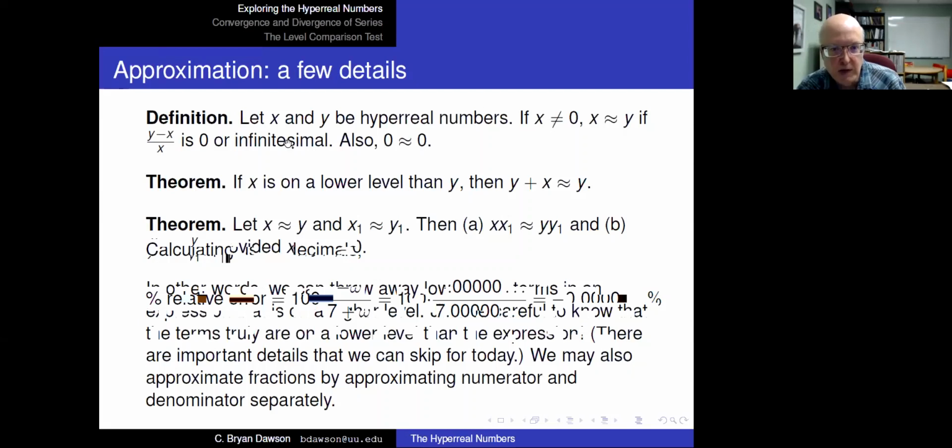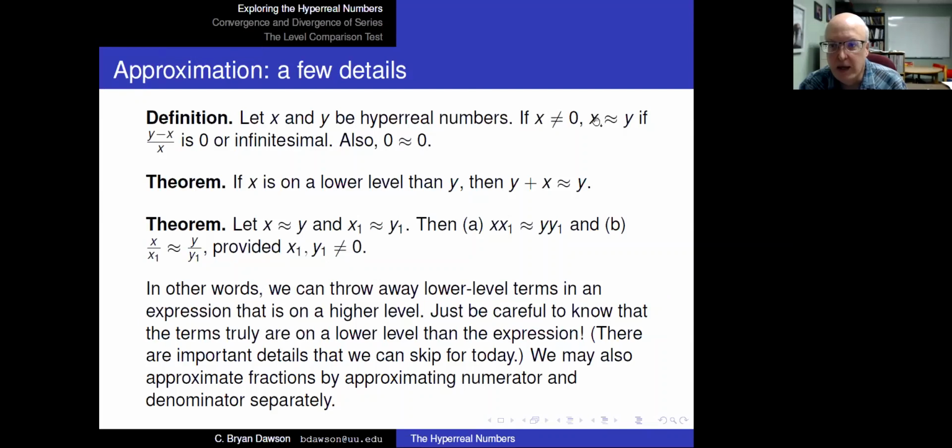So you can define what it means for two numbers to be approximately equal: x is approximately equal to y if that relative error is 0 or infinitesimal. Now you have to have x not 0 for that definition to work, and then 0 is approximately equal to itself. And it turns out then that if you have a number that's on a lower level than another number, you can throw it away when you approximate, like 7 plus little omega is approximately 7.